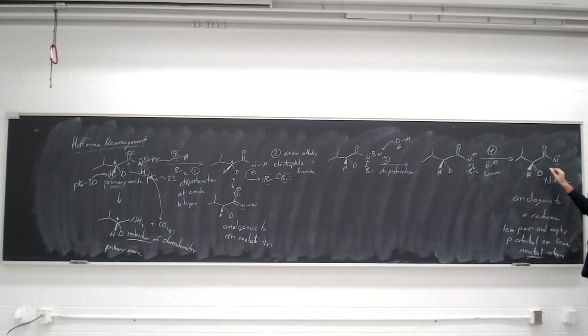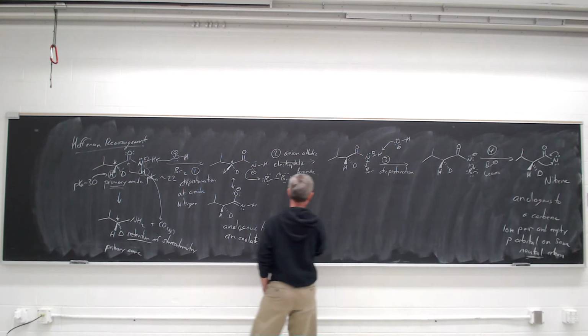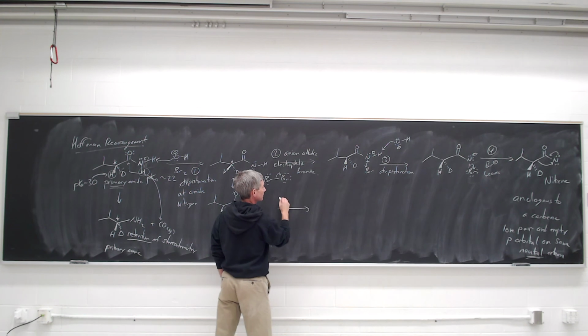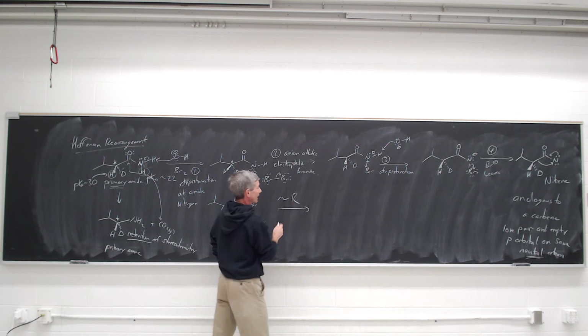So what happens next is the alkyl shift, where this carbon-carbon bond will simply migrate over to the nitrogen and remain neutral by pushing a pair of electrons from nitrogen in to form a carbon-nitrogen double bond. That's the key step. Alkyl shift.